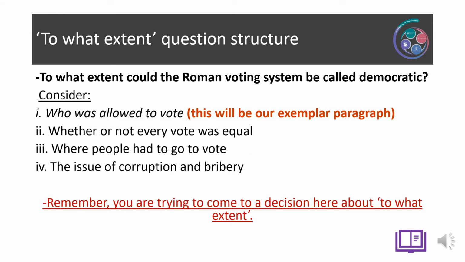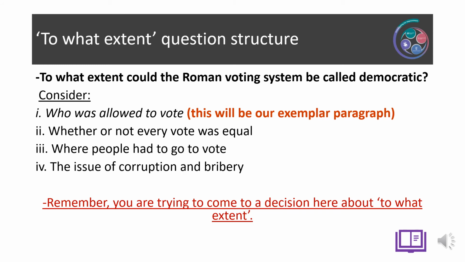Here are 4 areas you might choose to use when answering "to what extent could the Roman voting system be called democratic?" You might choose to consider, firstly, who was allowed to vote. Now, we will be using this as our exemplar paragraph. You might also choose to consider whether or not every vote was equal, where people had to go to vote, and for your 4th paragraph, the issue of corruption and bribery.